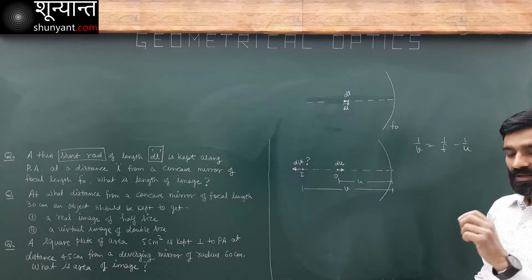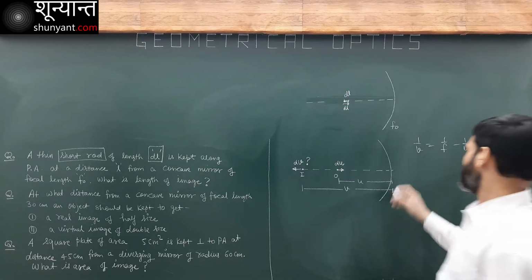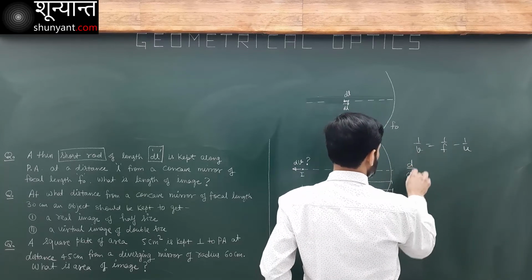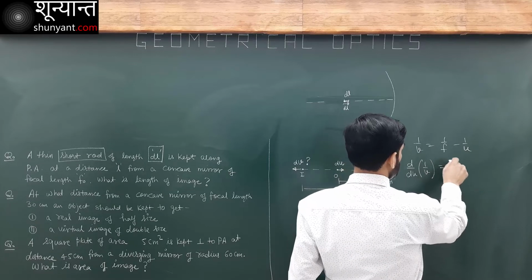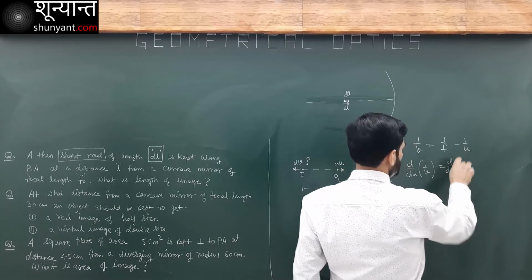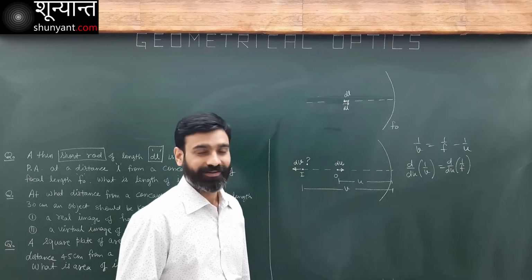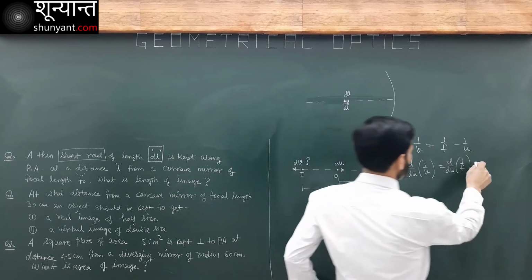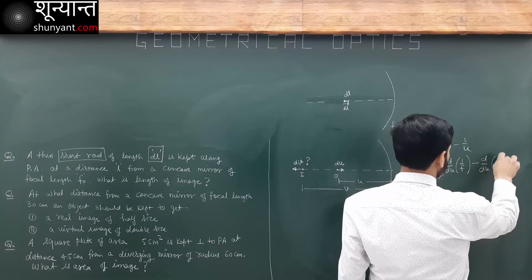Okay, I am making a small change in u. Let's differentiate it with respect to u. So d over du of 1 over v is equal to d over du of 1 over f minus d over du of 1 over u.